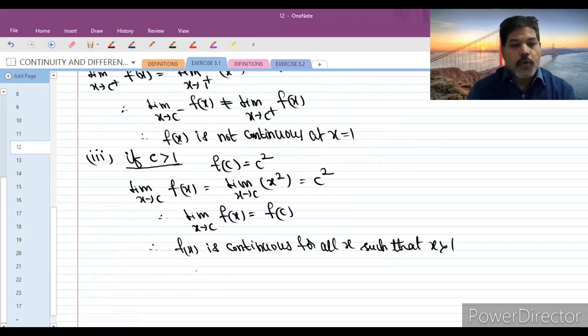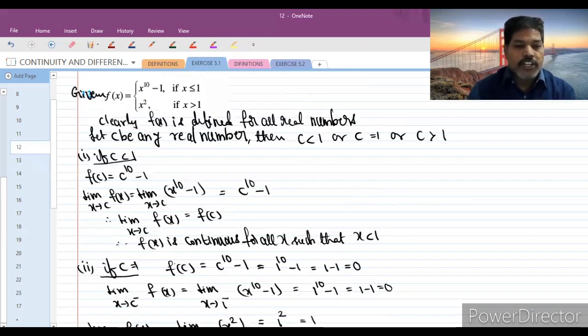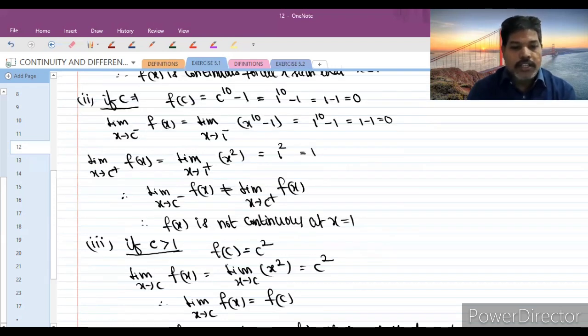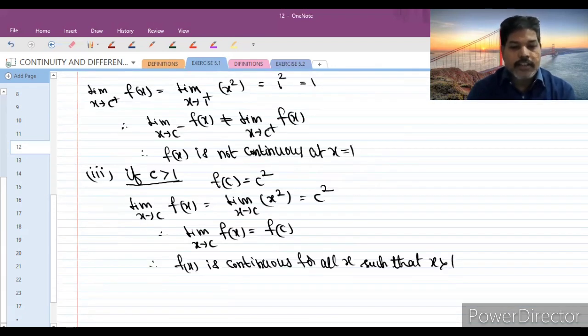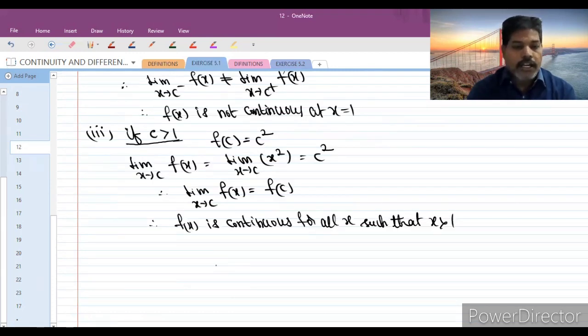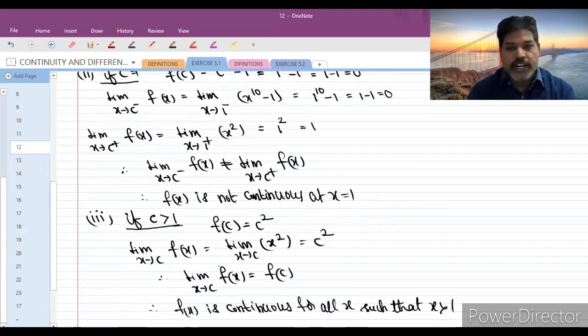So here we can observe that the function is continuous for all x such that x is less than 1, and the function is continuous for all x greater than 1, and f of x is not a continuous function at x is equal to 1.